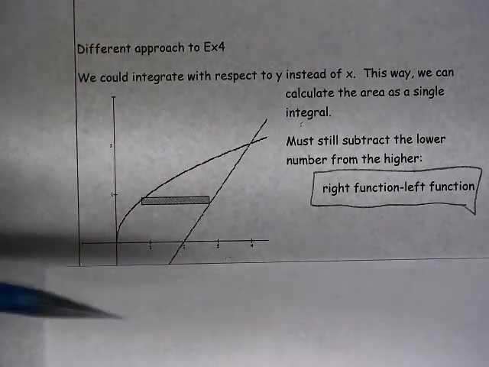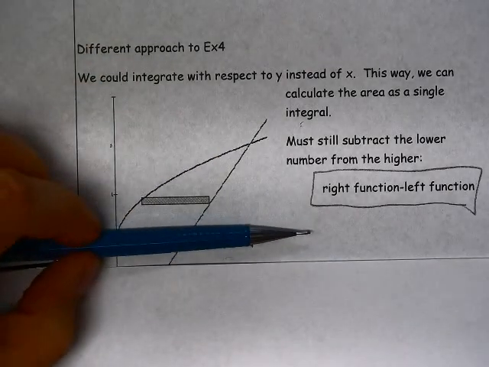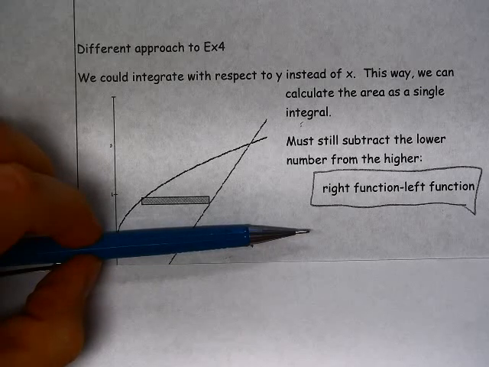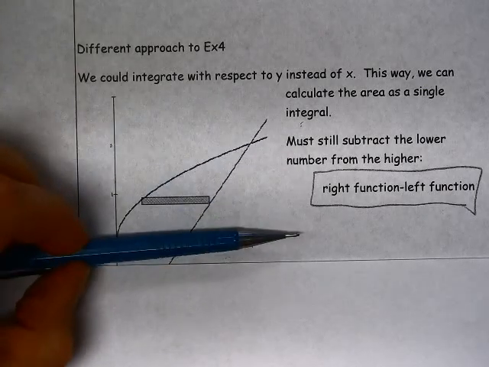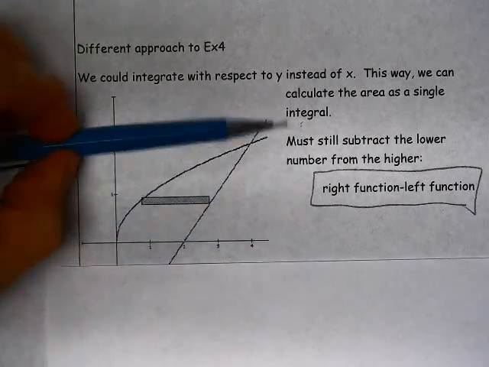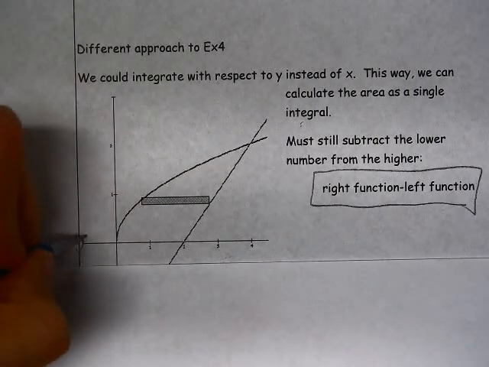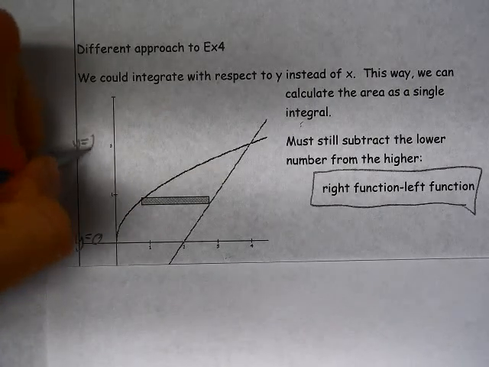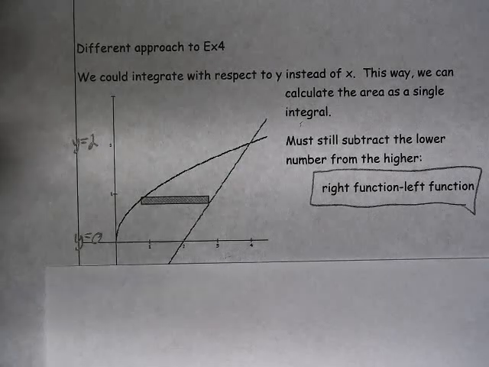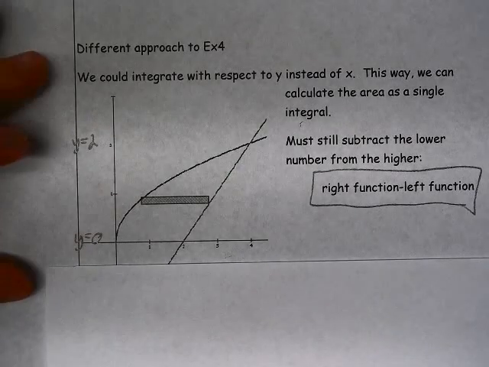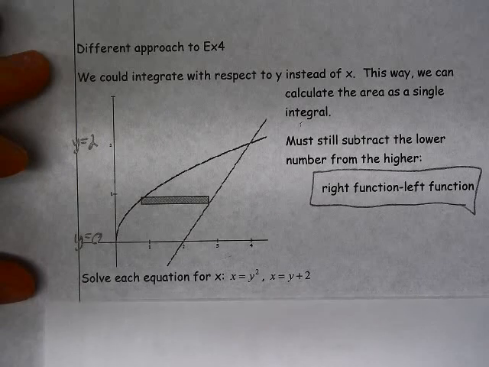All right, so if we do it this way, we can do it as one integral. We can go from y equals 0 to y equals 2. The only catch to doing it this way is that we need to rewrite these functions in terms of y.